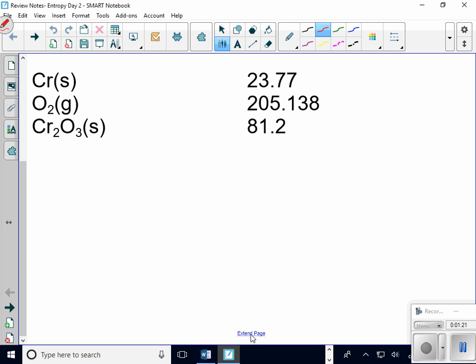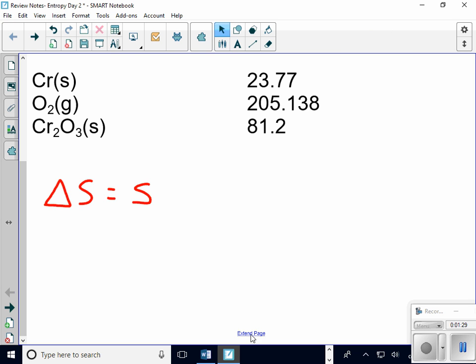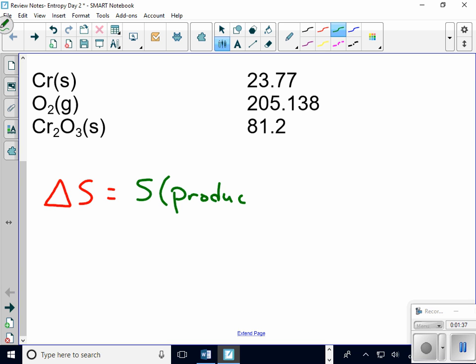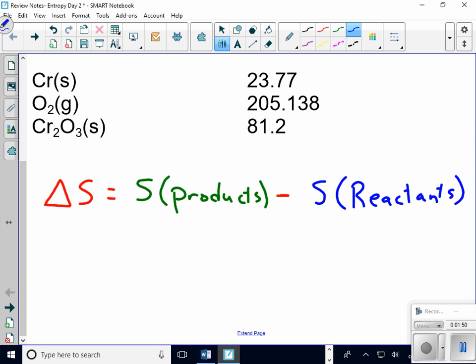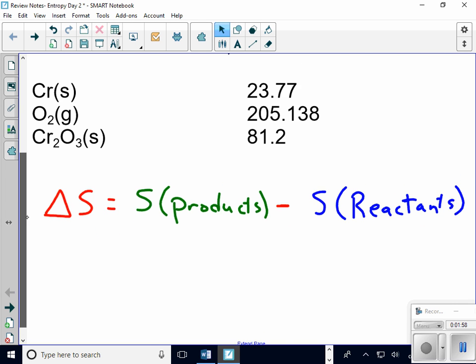Change in entropy is equal to the entropy of the products minus the entropy of the reactants. So it is entropy of the products minus entropy of the reactants.